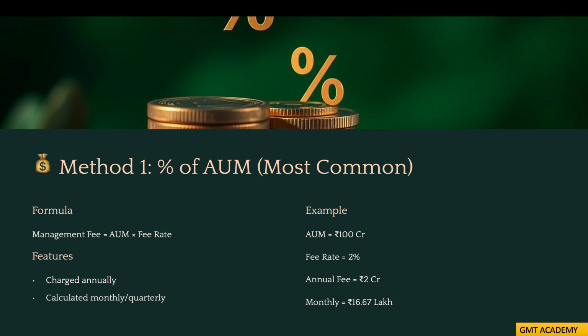So this is how it will work. Assume it works like this, but imagine a fund manager making crores. If the fund is running with a 10,000 crore portfolio, 2% of 10,000 will be, not 100, 200 crore.